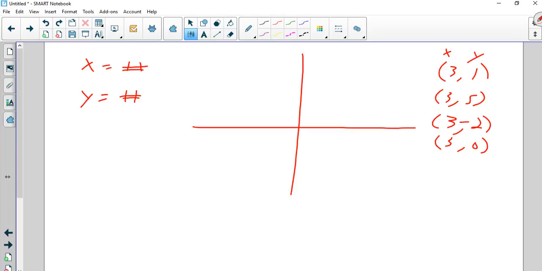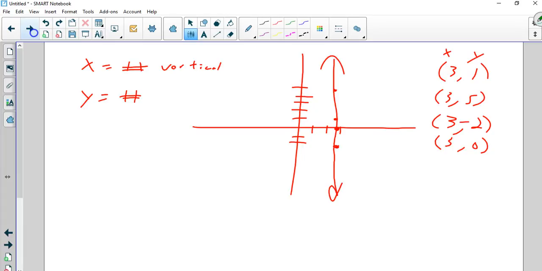So I'm going to go right 3, 1, 2, 3, and then I'm going to go up to 1, up to 5, down to negative 2, and 0. And notice what I get. I end up with a vertical line every time, because my x-coordinate is always the same. It never changes. Y does, but x doesn't.